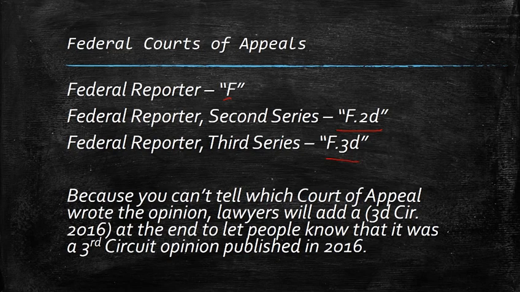Because you can't tell which court of appeals wrote the opinion, lawyers or judges will add the circuit, such as third circuit, as well as the year. That way people know that it was the third circuit. So if you see U.S., you know it was the United States Supreme Court. If you see an F, you don't know which court of appeals it was, and so you'll have it added at the end.